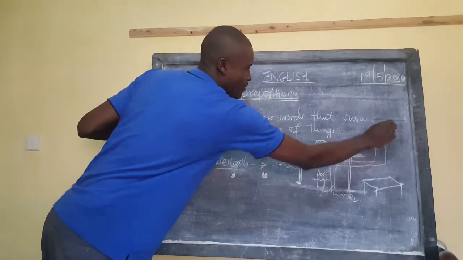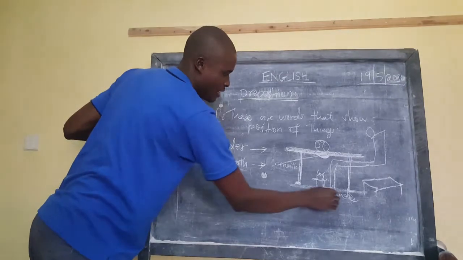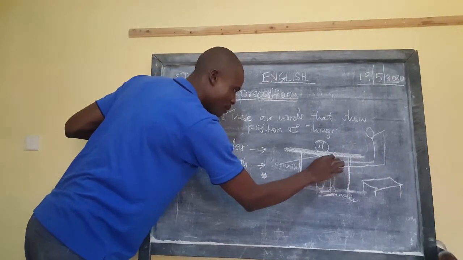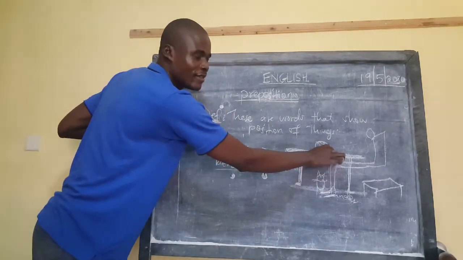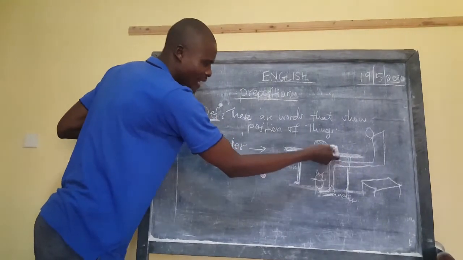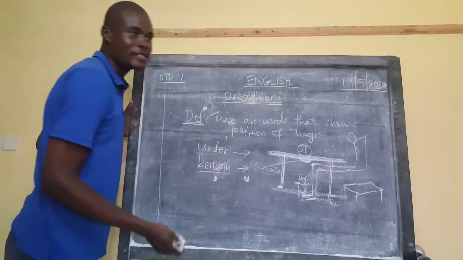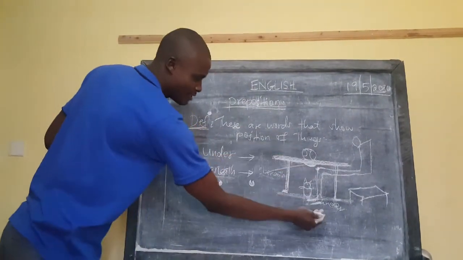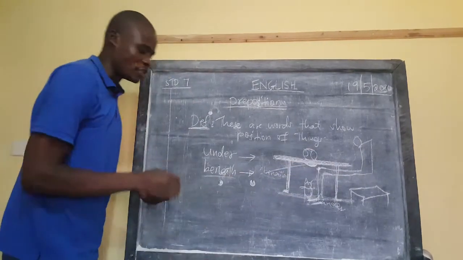His feet are down, the legs are down here, and the knees are normally somewhere here. These are the knees of a teacher. So these knees are said to be beneath this table. Why? Because they are not under, but they are just next to the top of the table. So that is the meaning of beneath, learner. You need to get it very right. Beneath is not suspended down, but just next to the top of the table.